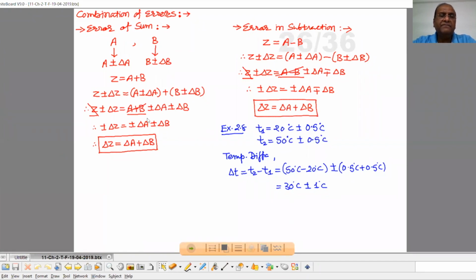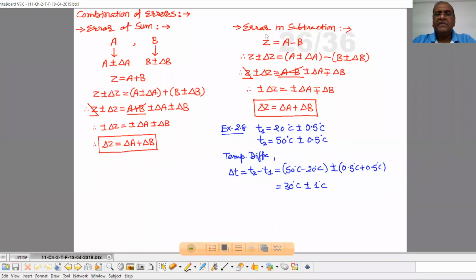So here the maximum possible error is the summation of these two. So we can write the absolute error in Z as the summation of the absolute errors in A and B. So delta Z equal to delta A plus delta B. Clear to all of you? Yes, sir.